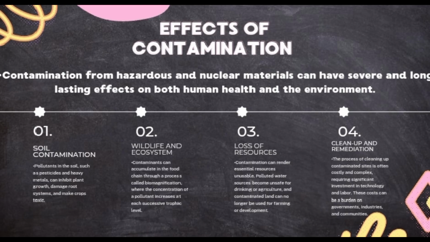The systemic disease comes from toxins, chemicals, and heavy metals. The example of systemic disease is mercury contamination in fish, leading to neurological problems. Number 3, waterborne disease, from contaminated drinking water.